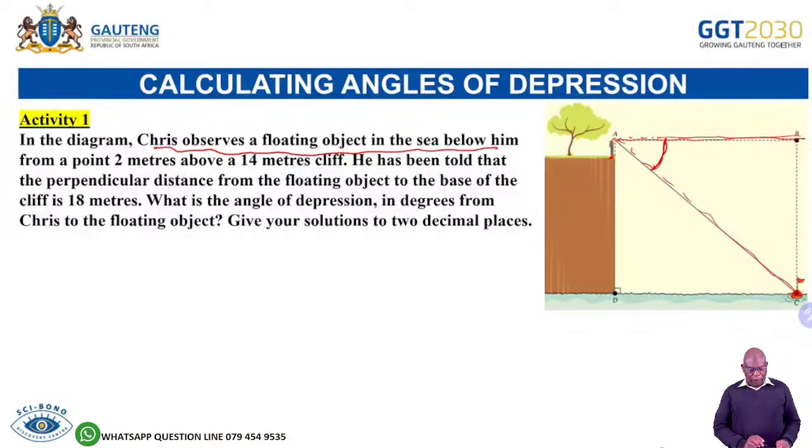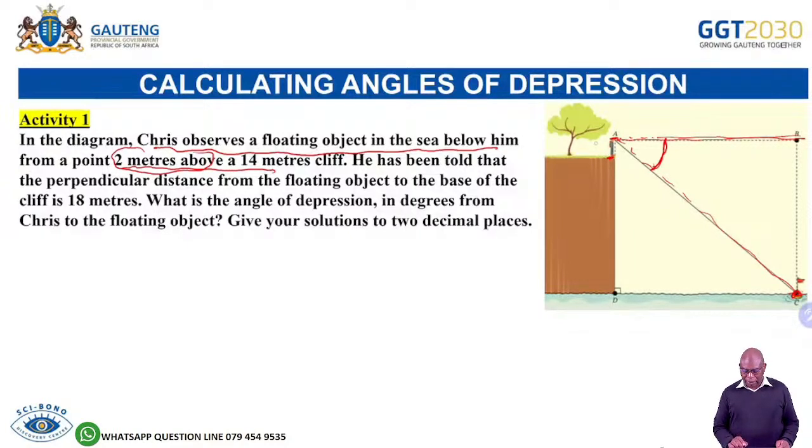Now, from a point 2 meters above a 14-meter cliff. It's very important to understand that statement, because what does it mean? It means he's on top of the cliff, his horizontal is there, and they say it's 2 meters above.